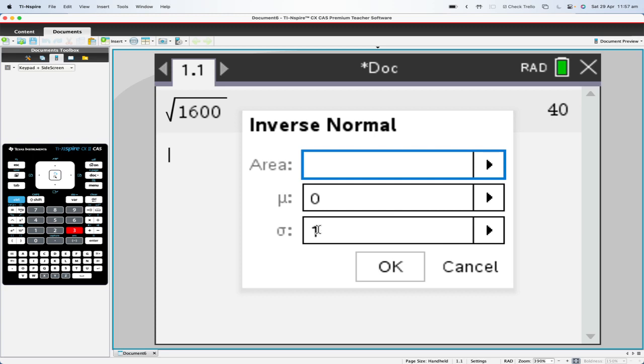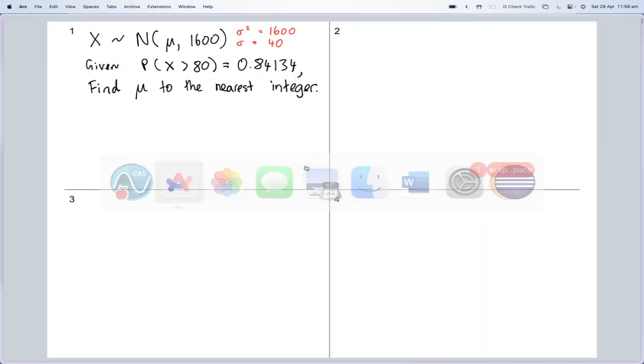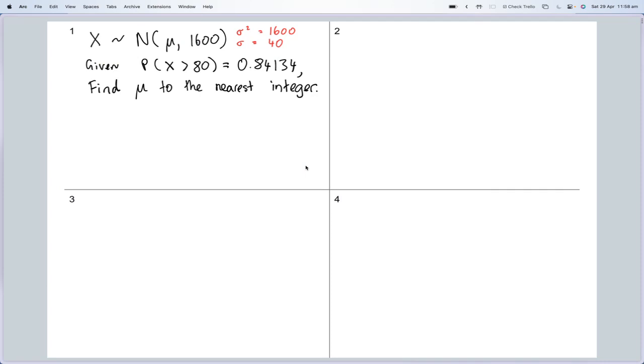What it doesn't ask for is a direction, like a less than or a greater than sign. So right now, we're a bit stuck. How does it know? It doesn't. It always assumes the area is to the left of the value. So let's model what we've got and sort that out.